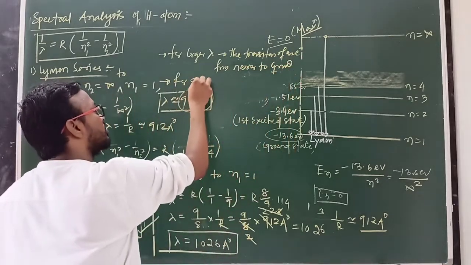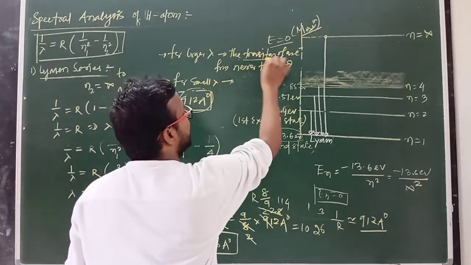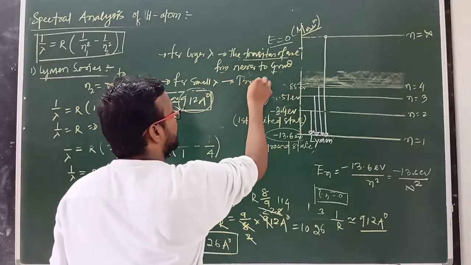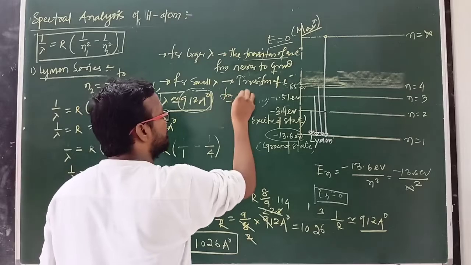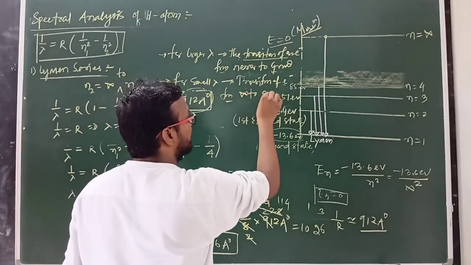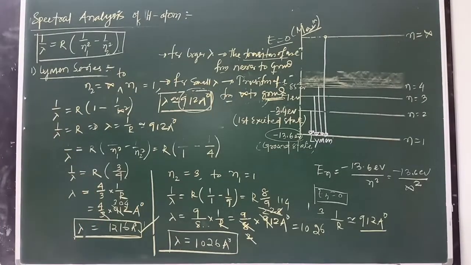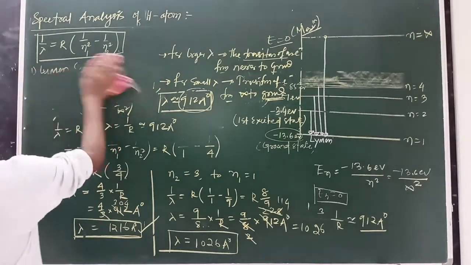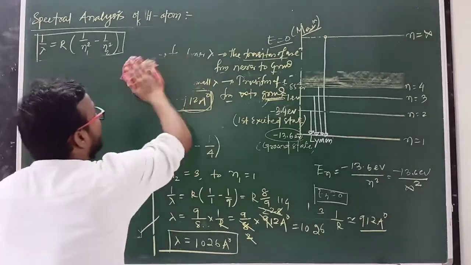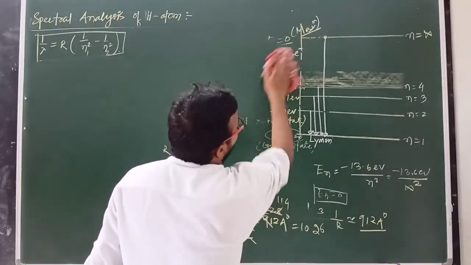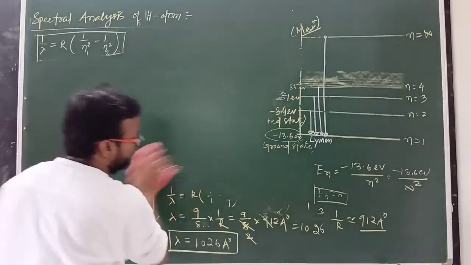For smaller wavelength lambda, the transition of an electron is from infinite to the ground state. Clear? These are the concepts of the Lyman series, and how we can find the maximum wavelength or maximum spectral line, or the wavelength when we get the minimum. This is all about the Lyman series.